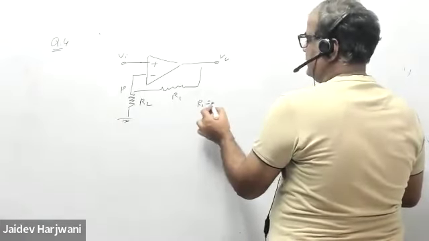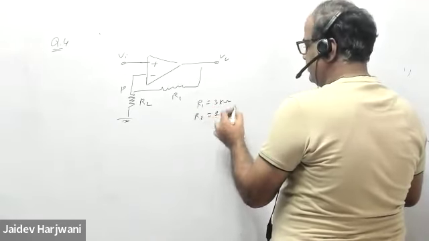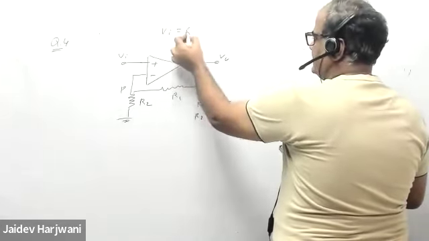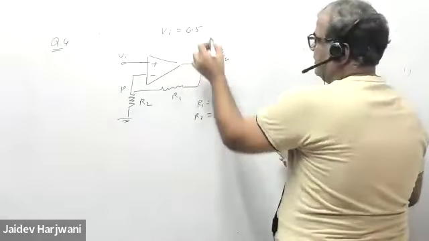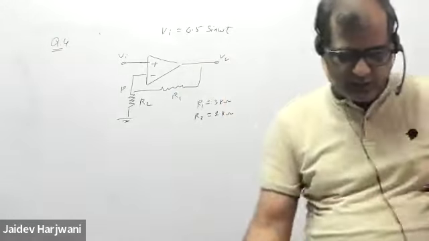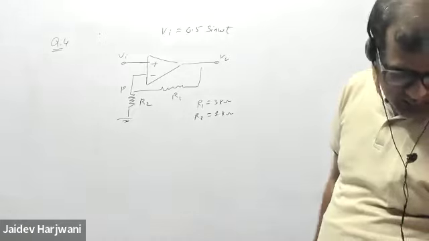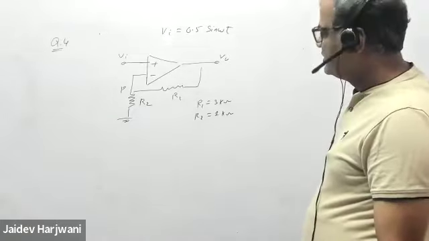R1 is 3 kilo ohm, R2 is 1 kilo ohm, and V input is 0.5 sin omega t. Now, which options are correct?